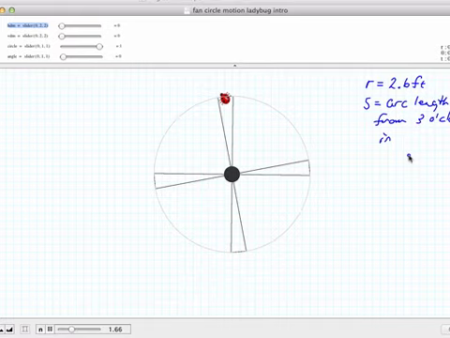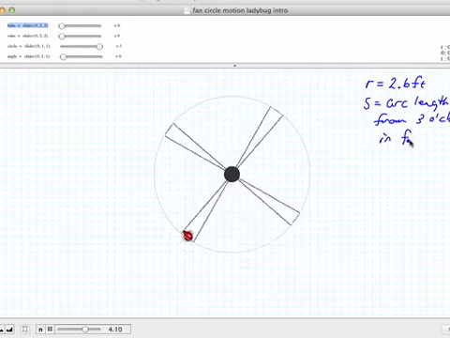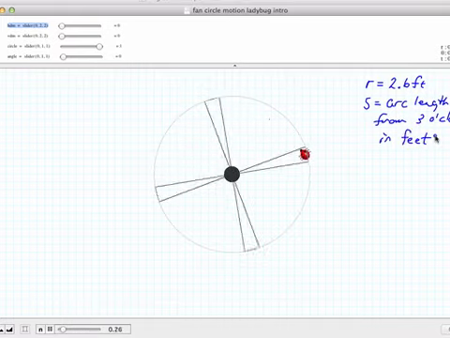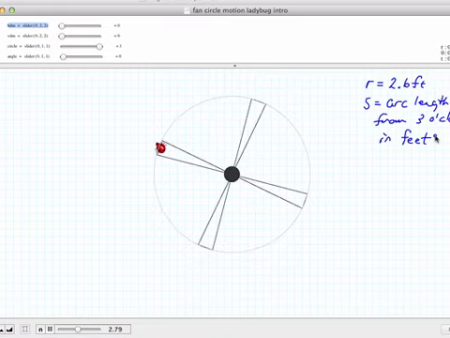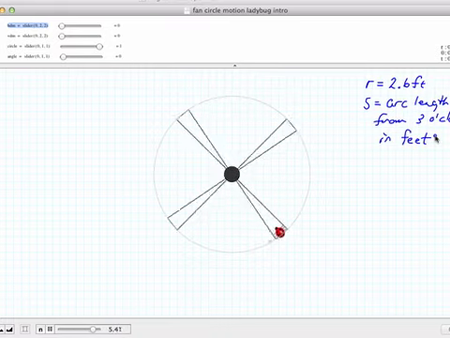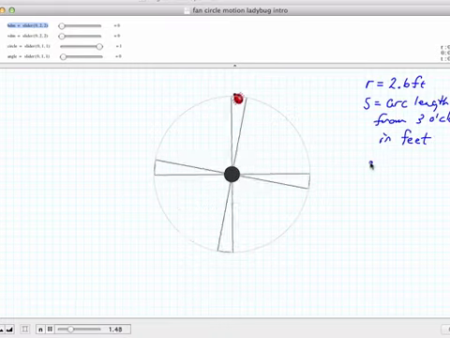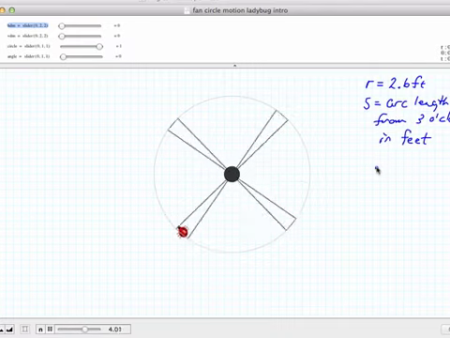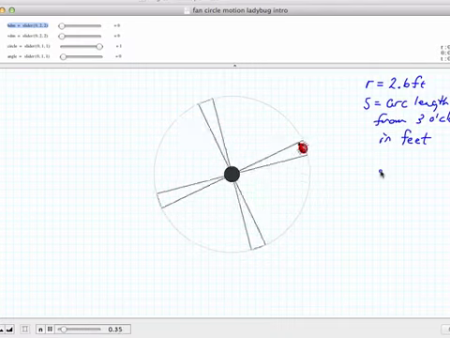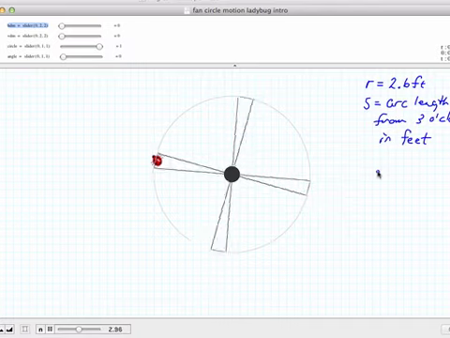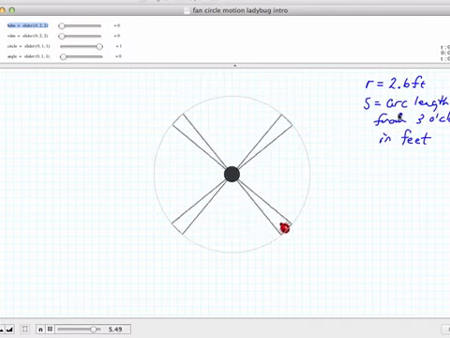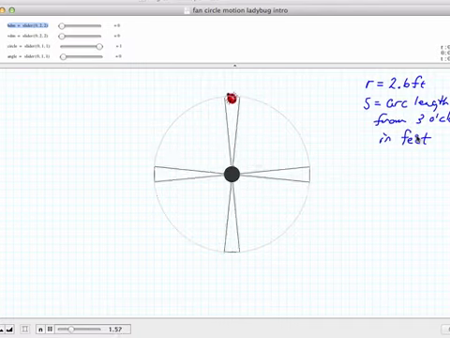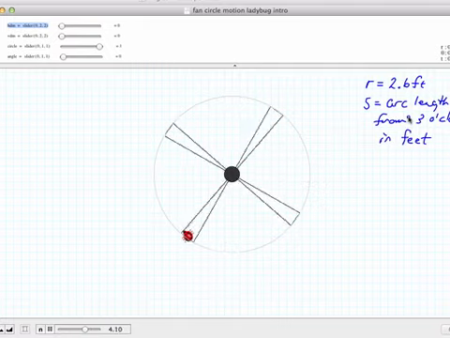So we could do it in feet. Okay? Arc length from 3 o'clock position in feet. That we can monitor the position with that. What else? What distance? Like straight line distance? So isn't that what we just did? What's that?